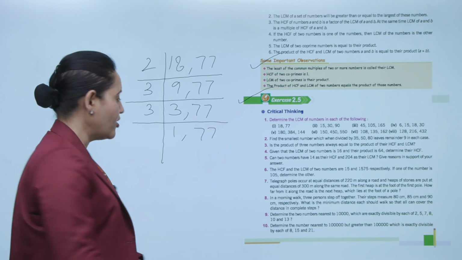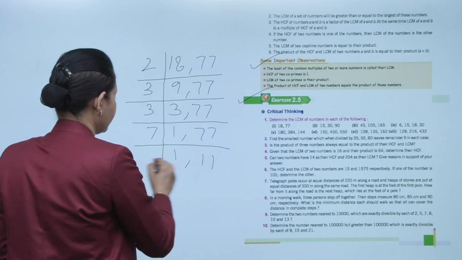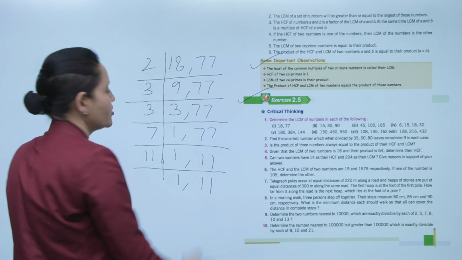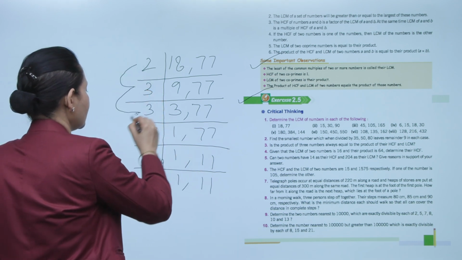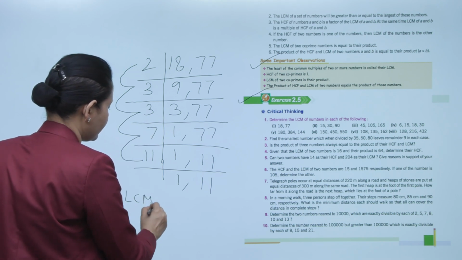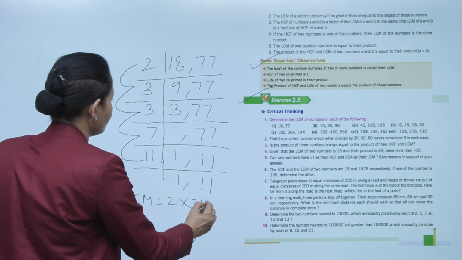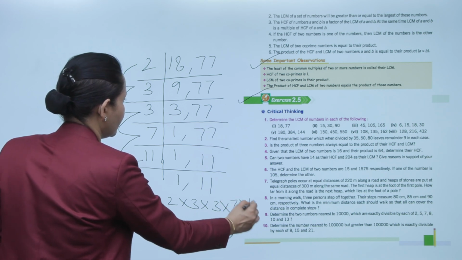Now the next number is 77, which is 7 into 11. So the LCM will be 2 into 3 into 3 into 7 into 11.